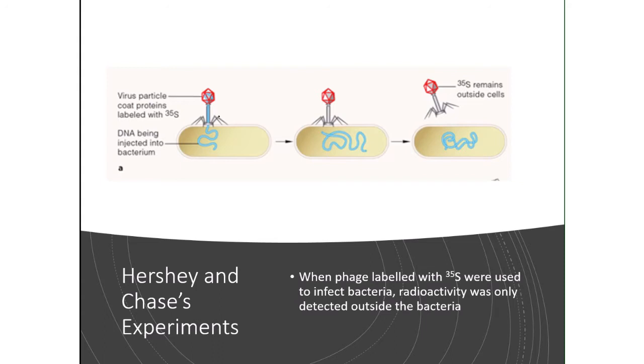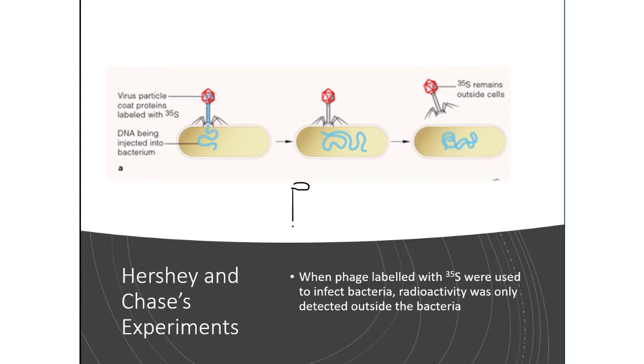In the first group, the phages were labeled with sulfur 35, which means the protein coating is radioactive. They allowed these phages to infect the bacteria, and then they put this in a blender. It's kind of a low-tech lab back then, I guess. And the blender caused the virus to detach from the bacteria.